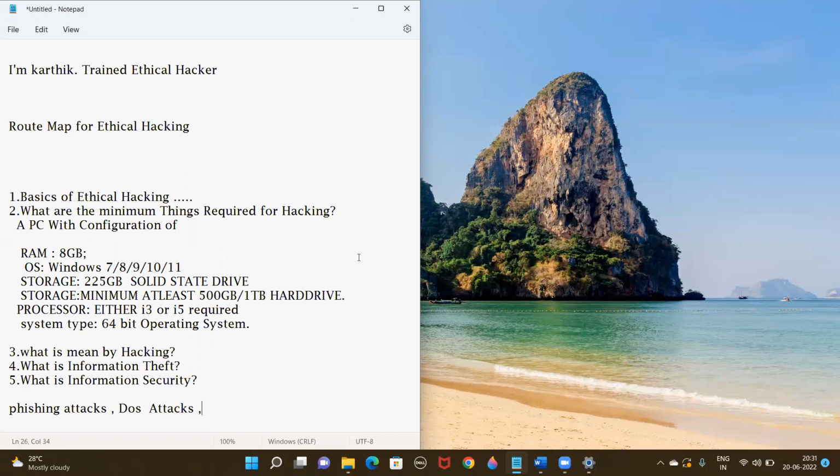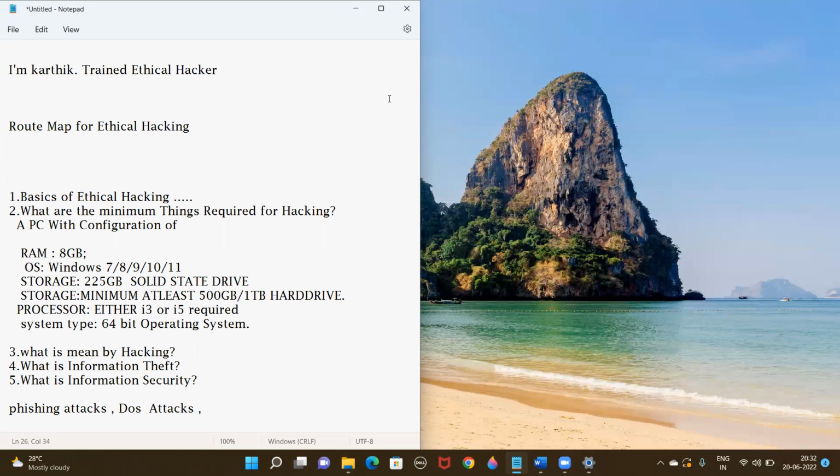Even if you have a 1 TB hard drive, that is more than enough. When it comes to the processor, we must have either an Intel Core i3 or i5. Even i5 is more than required. And the system type must be a 64-bit operating system.